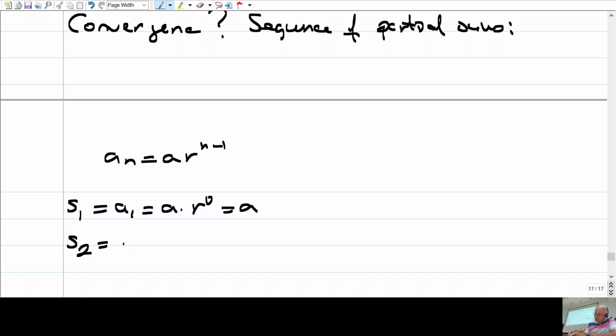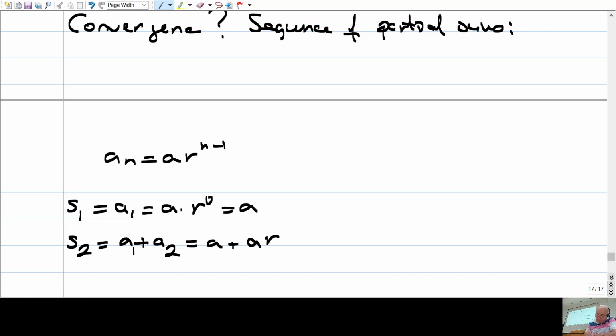What is S_2? It is a_1 plus a_2, where a_2 is a times r to the power 2 minus 1.